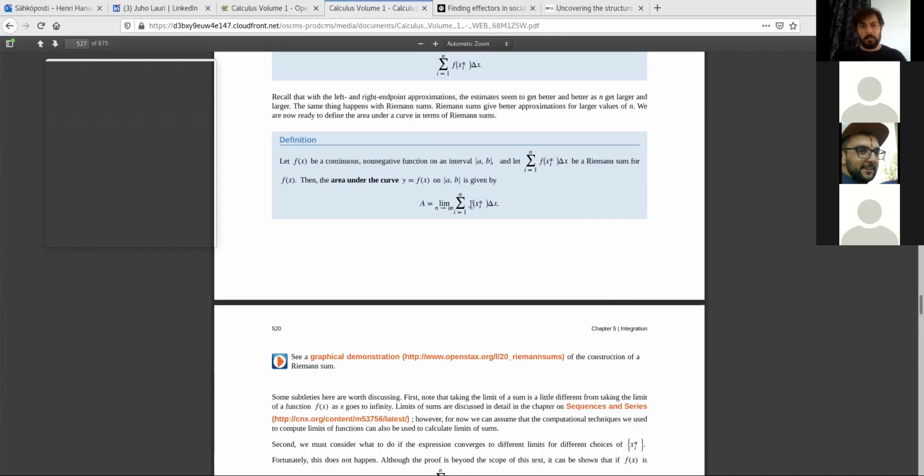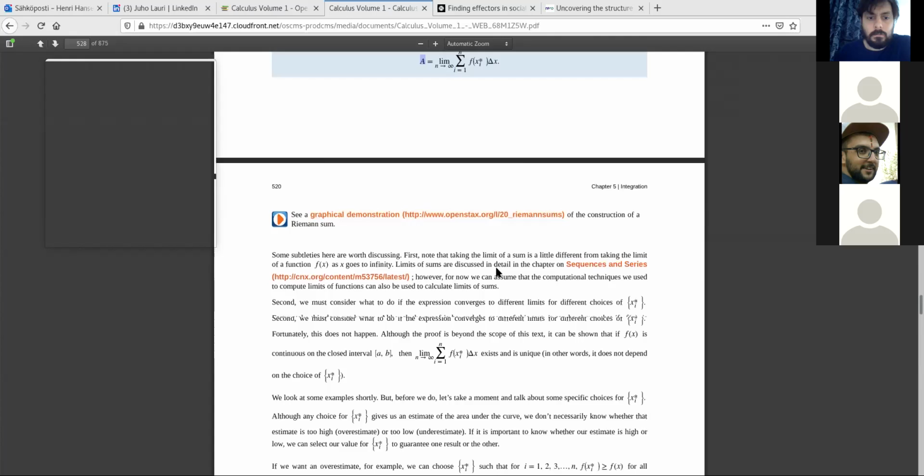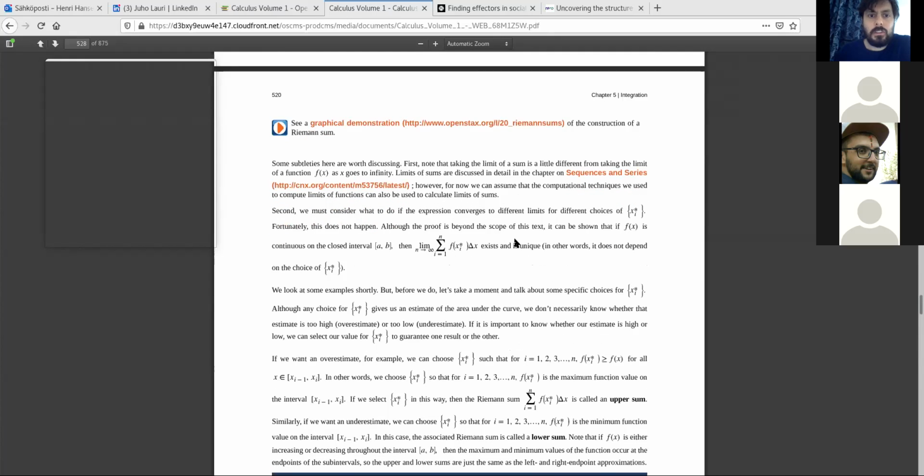As the size of the piece approaches 0, the number of terms in this sum goes towards infinity, but the product f of xi delta x goes to 0. But there are more and more of them, and this converges towards this A. So this is another very good explanation of the Riemann sum.